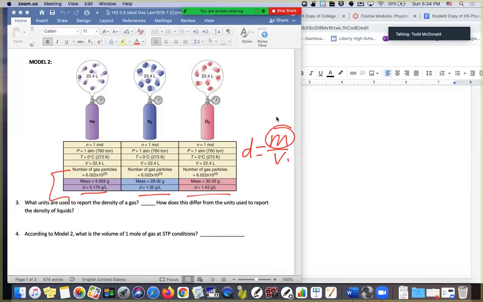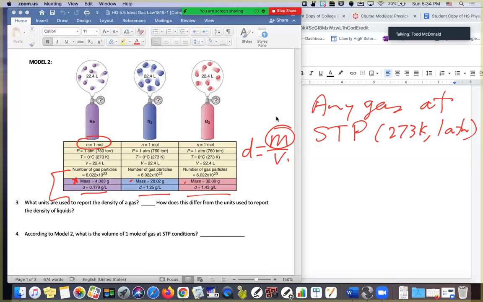And if you think about it, 1 mole of helium has a mass of 4.003 grams, and 1 mole of nitrogen has a mass of 28.02, and 1 mole of oxygen has a different mass of 32.00 grams. So the first thing to catch here is that for any gas at STP, that's again 273 Kelvin and 1 atmosphere, to calculate the density, you assume 1 mole.